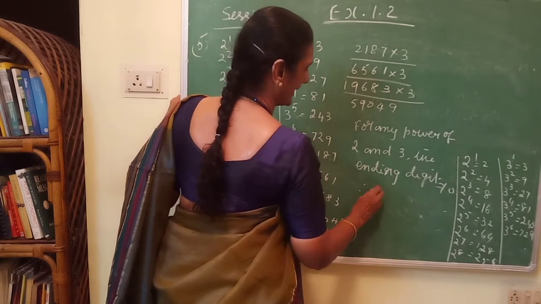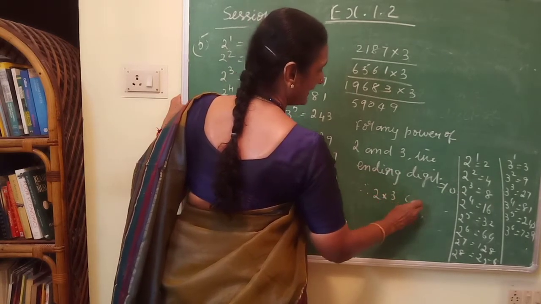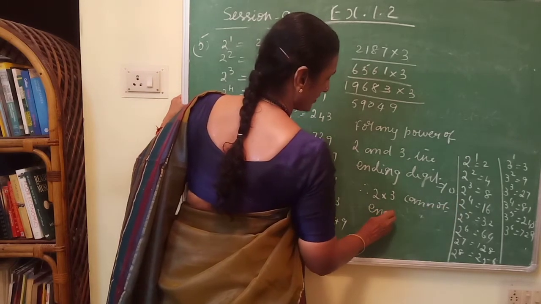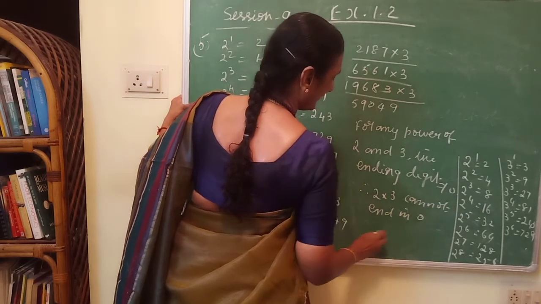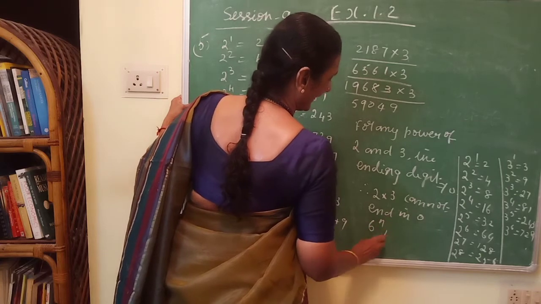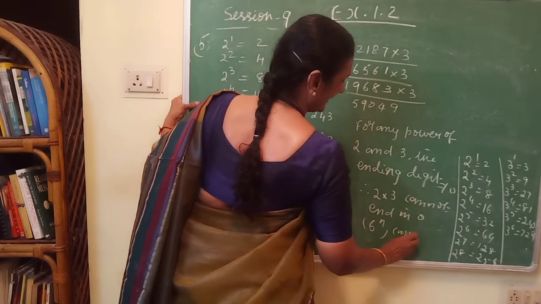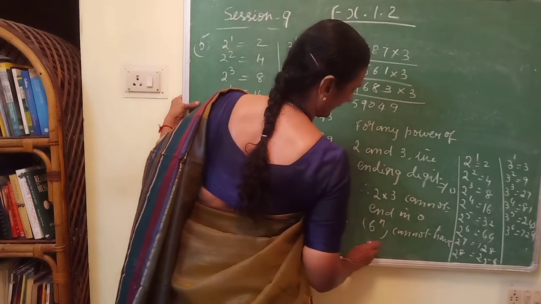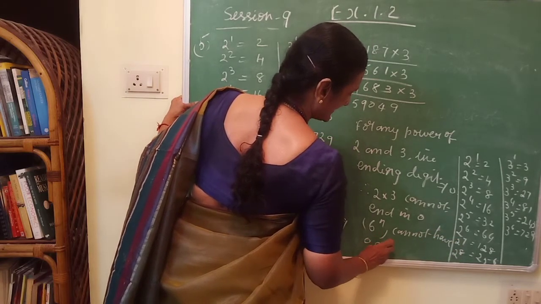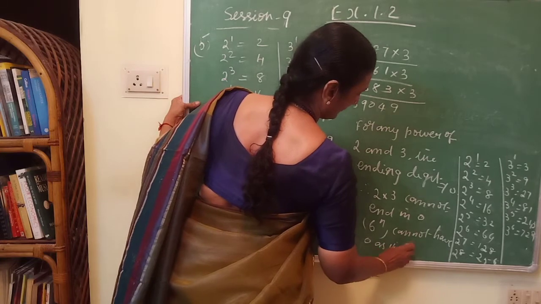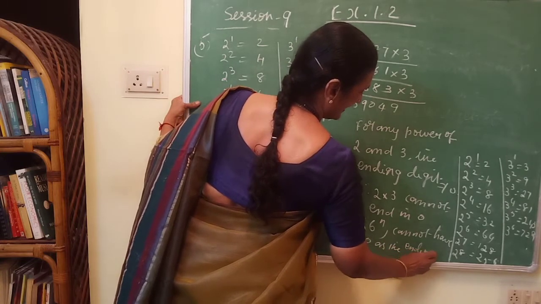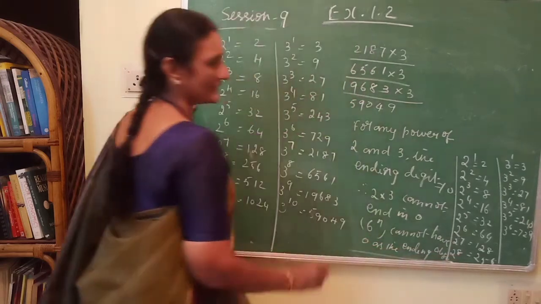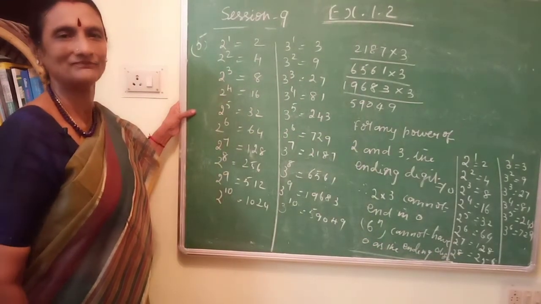Therefore, the product of 2 and 3 cannot end in 0. Or we can write 6 power n cannot have an ending digit as 0. You have to conclude like this. So only then it is right. Are you understanding? This is how you should conclude the sum.